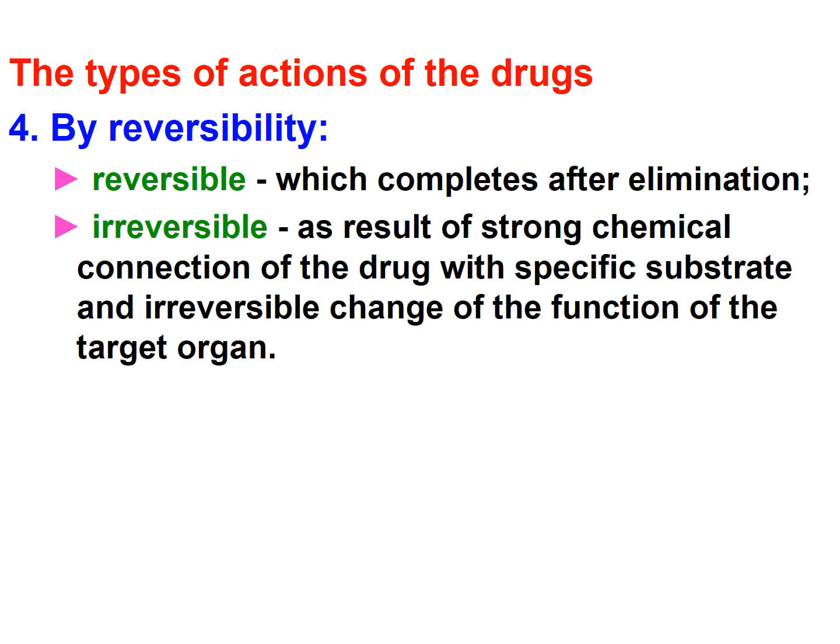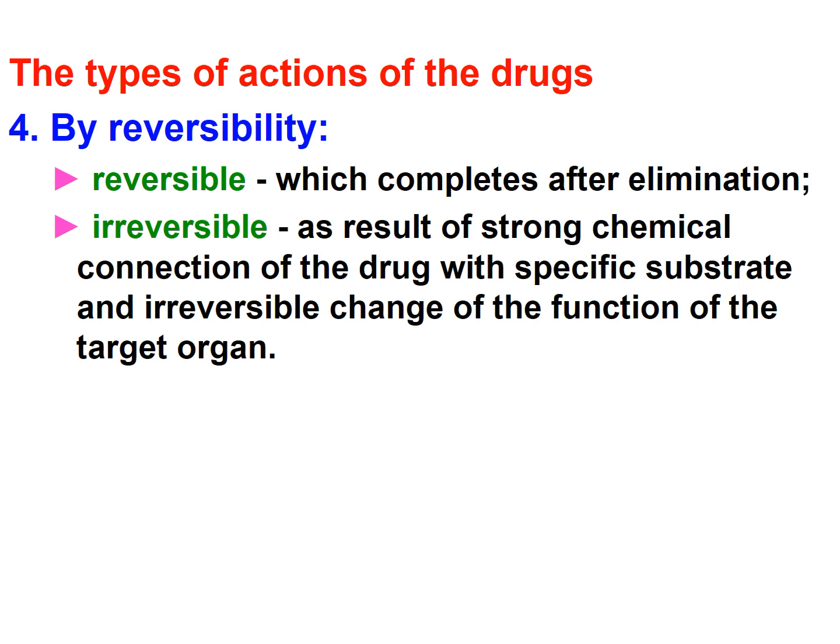For example, we may have the drug that makes strong covalent bonds with the receptor or enzyme, and such binding results in irreversible change of this target, which doesn't stop even after complete elimination of the drug molecules from the body.